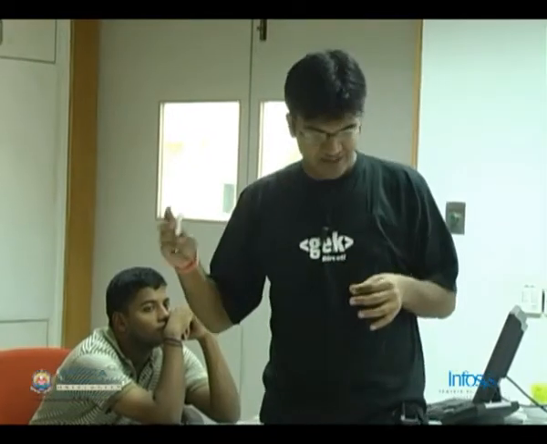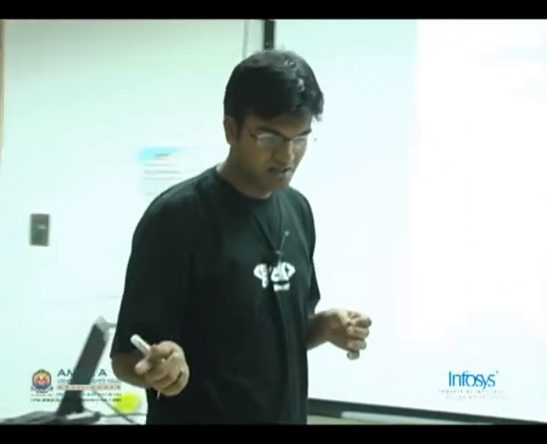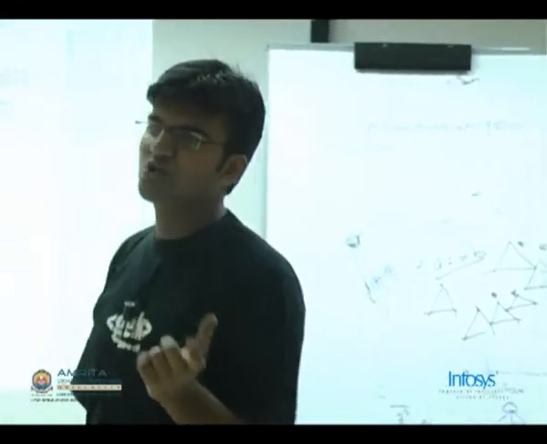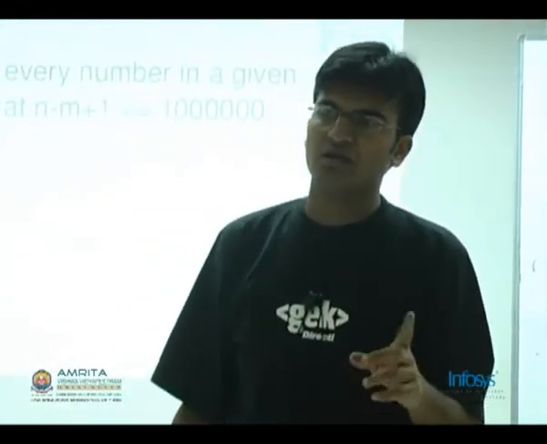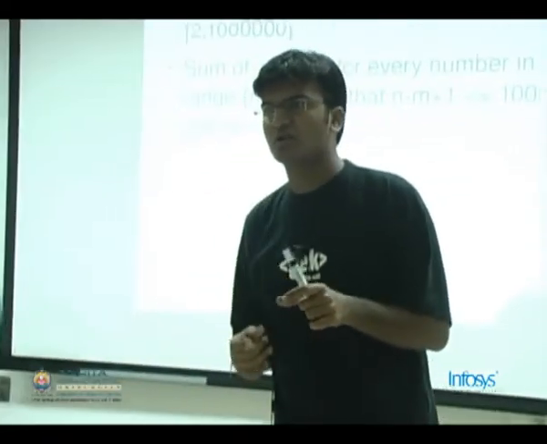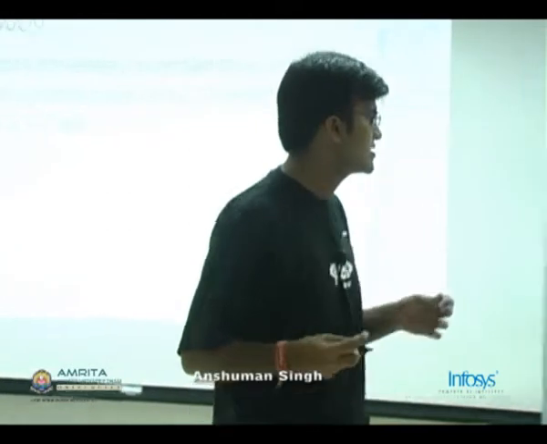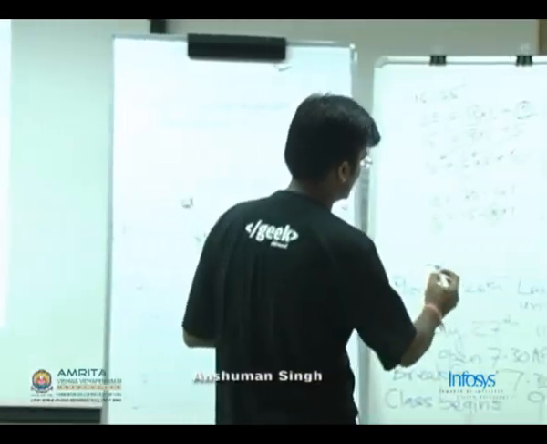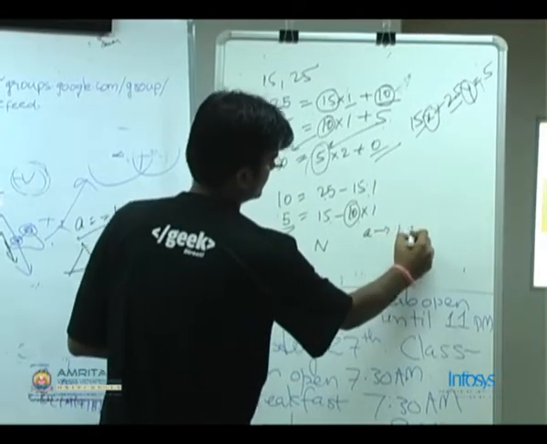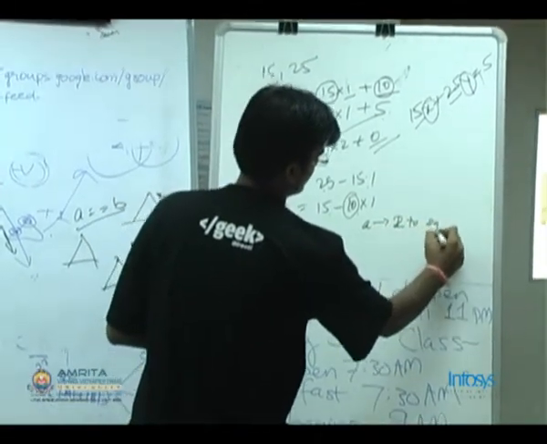Okay. The solution is correct, but not fast enough. So what he says is that for every number, you take a loop till square root of that number, checking if the number you're testing is actually a factor of n. So let's say you're trying to find out the sum of factors for a number n. You take a loop of a from 2 to square root.